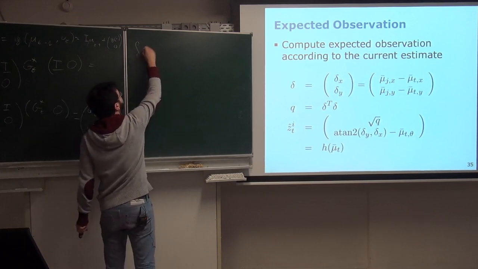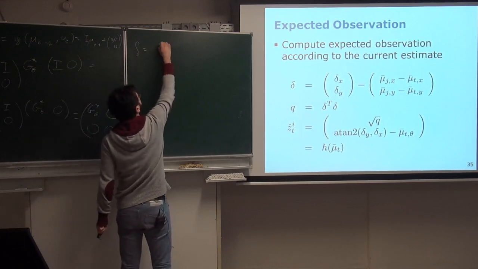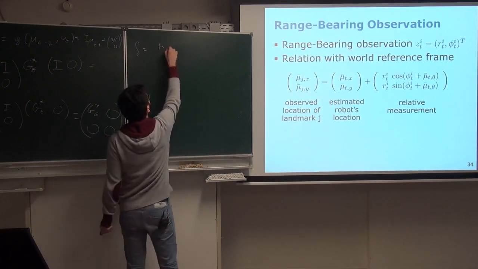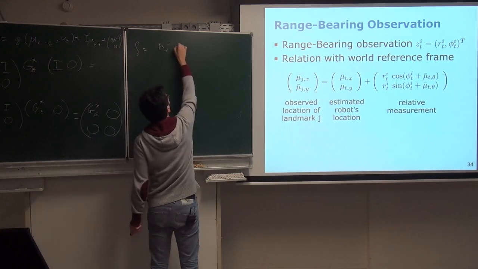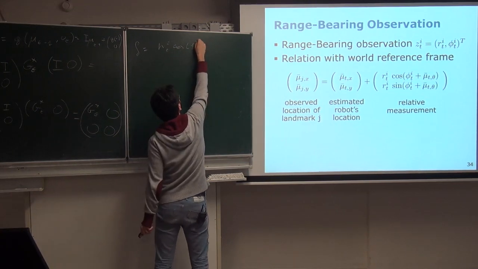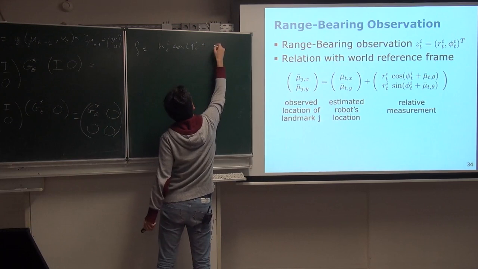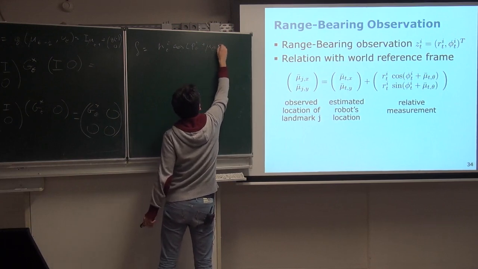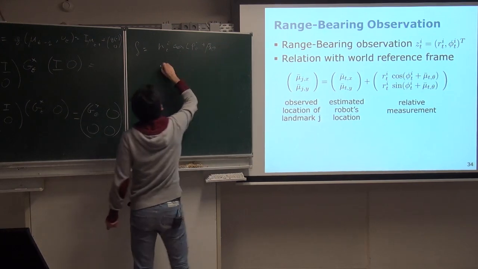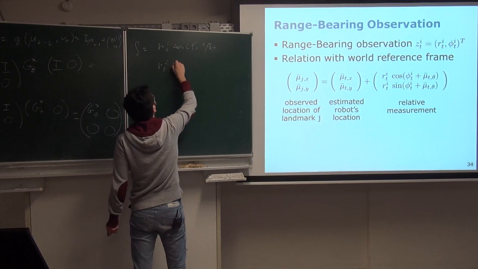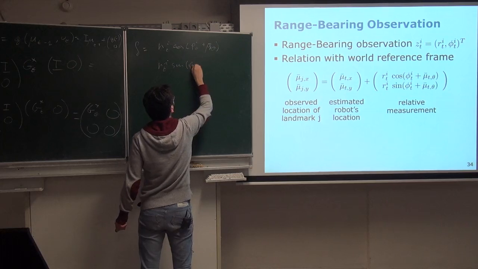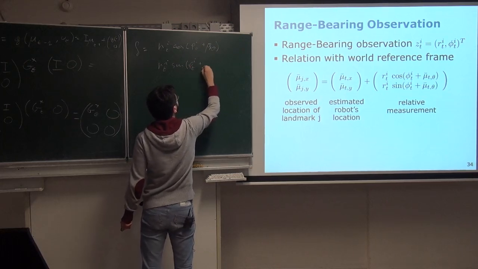But our nice delta is something which is r_ti multiplied by the cosine of our angle measurement, phi_ti, plus our mu theta at t, so it's written the same way, and the other one will be r_ti times sine of our angle phi_ti plus mu theta.